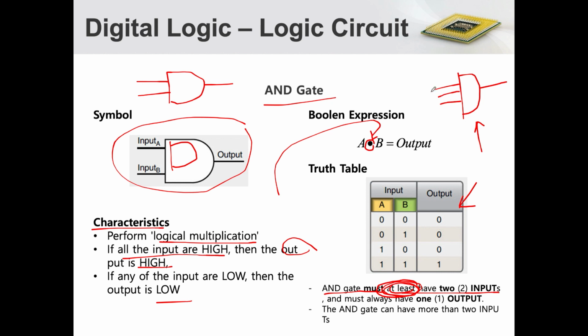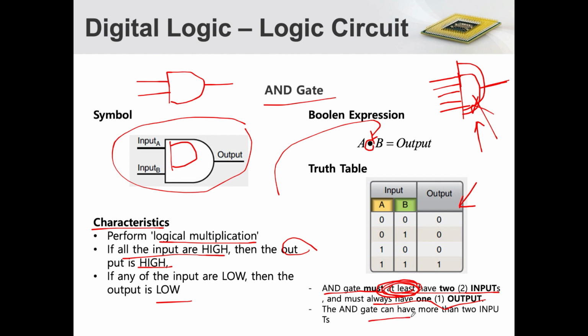So you can have 3 inputs, 4 inputs, 5 inputs, as long as the symbol looks like a D over here and gets one output. You must have one output like this, then it is an AND gate.